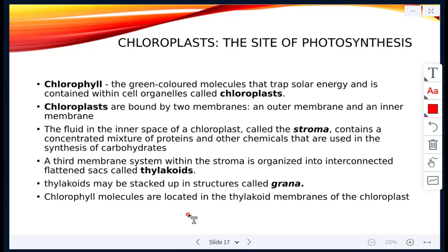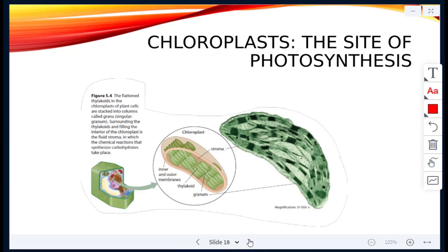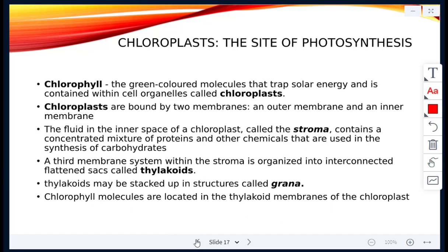Then there is a third membrane system within the stroma, and it is organized into interconnected flattened sacs, which are called thylakoids. So let's just go back here. So these stacks, each one of them are called thylakoids. And when we stack those thylakoids together, they're called grana.